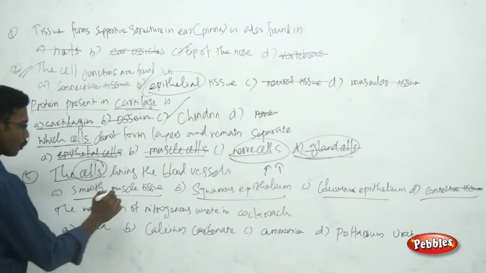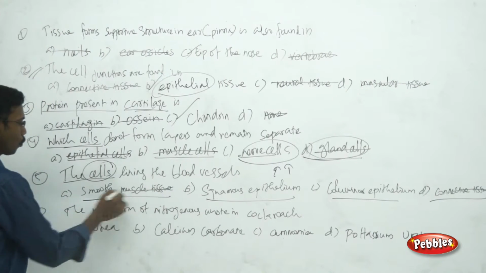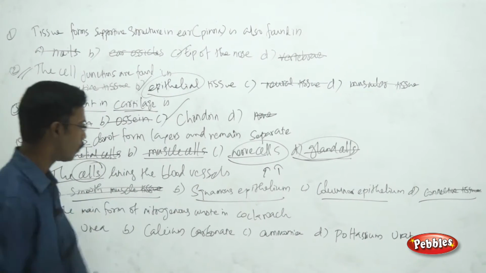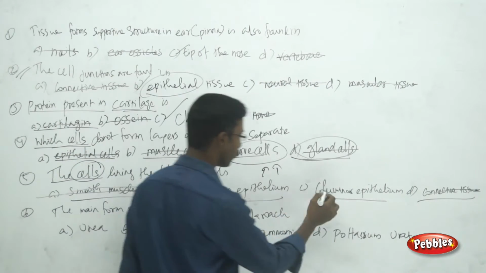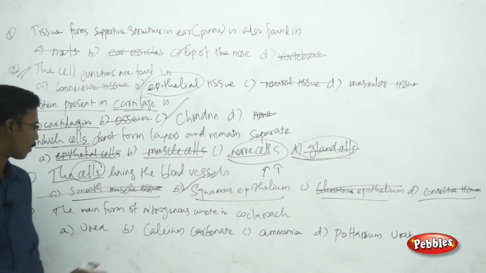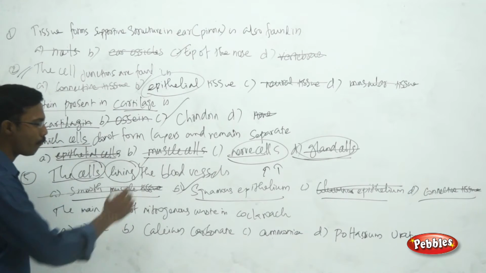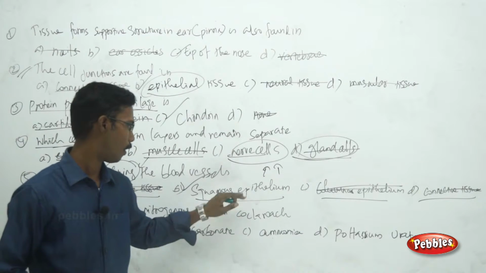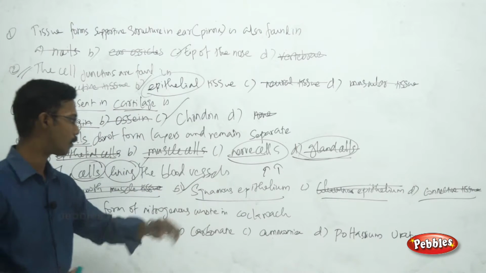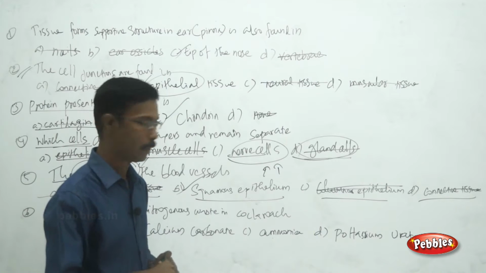And you may attempt to choose the smooth muscle tissue, but smooth muscle tissue is not going to be over here. The answer over here is squamous epithelium because they are single layered. Whenever you see the term lining, it is made up of a single layer, covered with a single layer of the particular epithelial cells, that is called squamous epithelium.